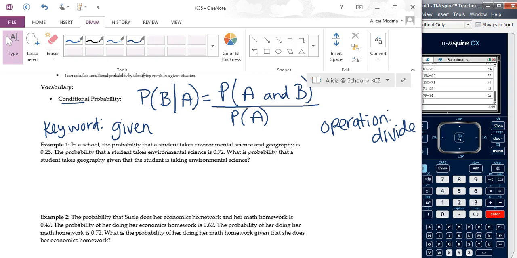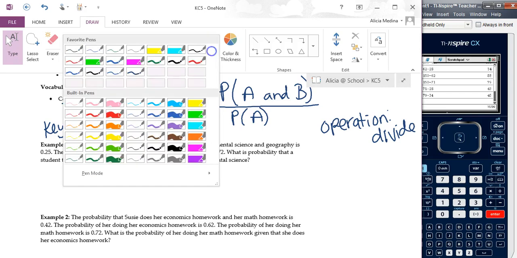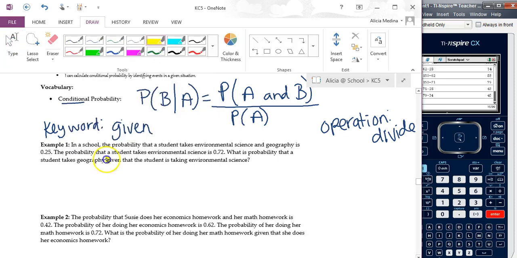What is the probability that a student takes geography given that the student is taking environmental science?